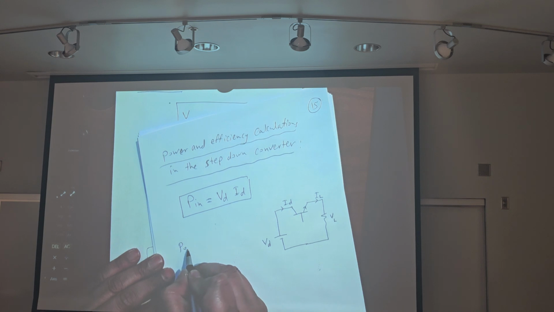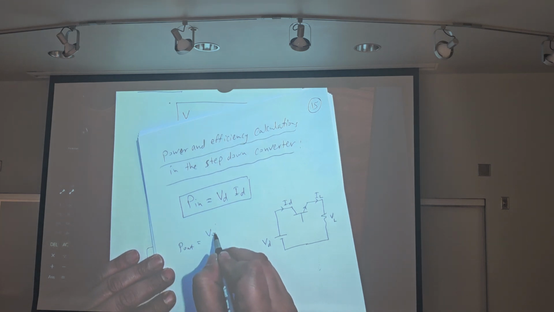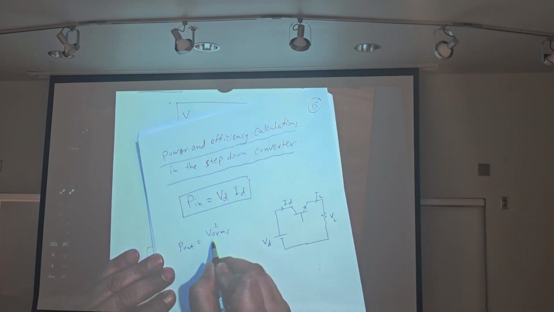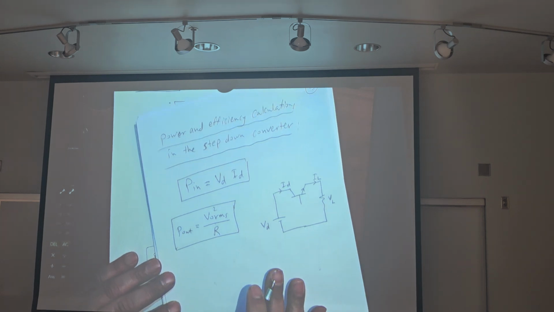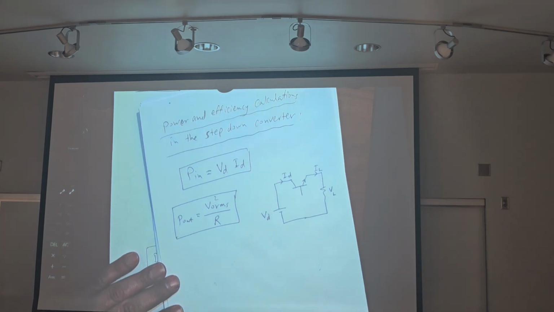Power output equals V out RMS square divided by R. Efficiency percent equals power out over power in, times 100%.